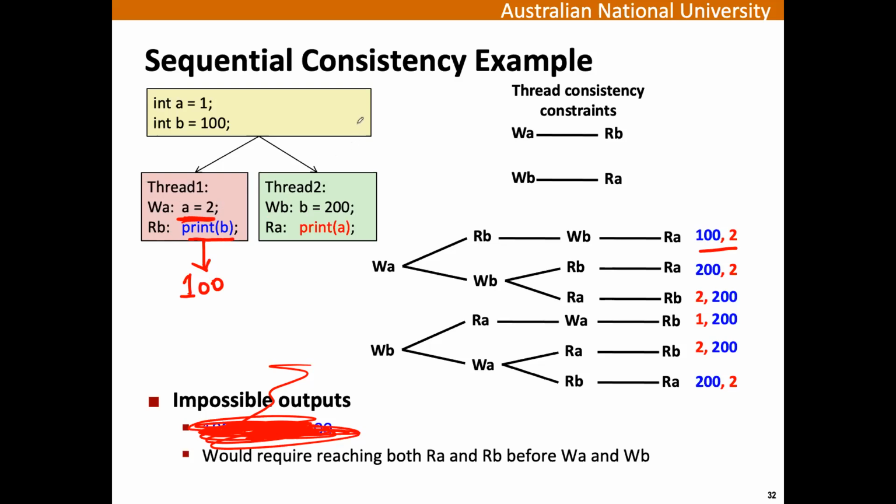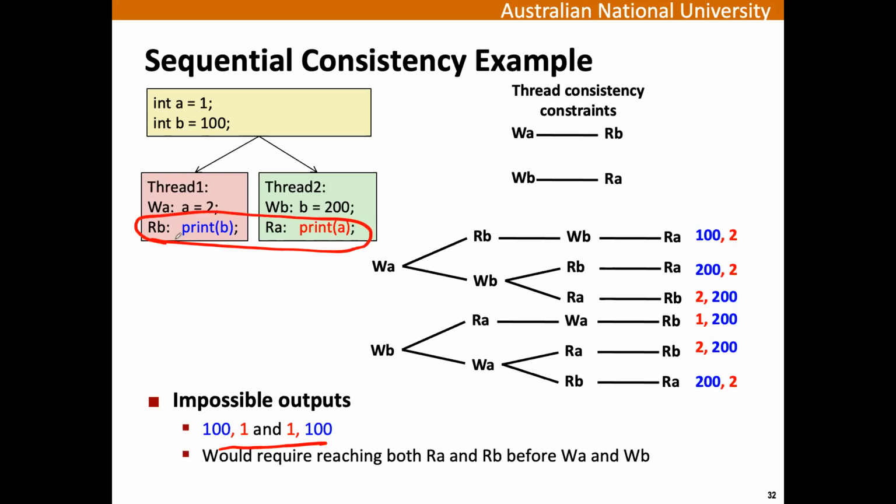It's easy to see here that this write happens before the read of A. These outcomes are impossible because in order to reach them, RA and RB need to happen before WA and WB.